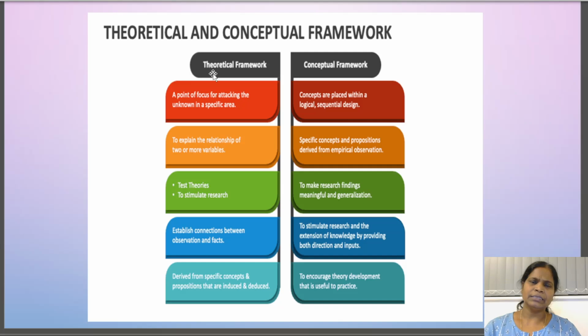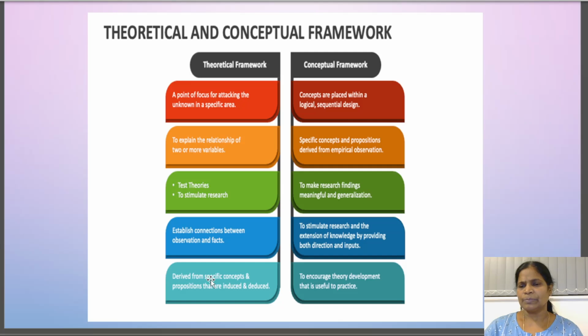When we can say it is theoretical, it is a point of focus for attacking the unknown in a specific area. When you're trying to find what is not known, then you use the theoretical framework. To explain the relationship of two or more variables, to test theories, to stimulate research, to establish connection between observation and facts.